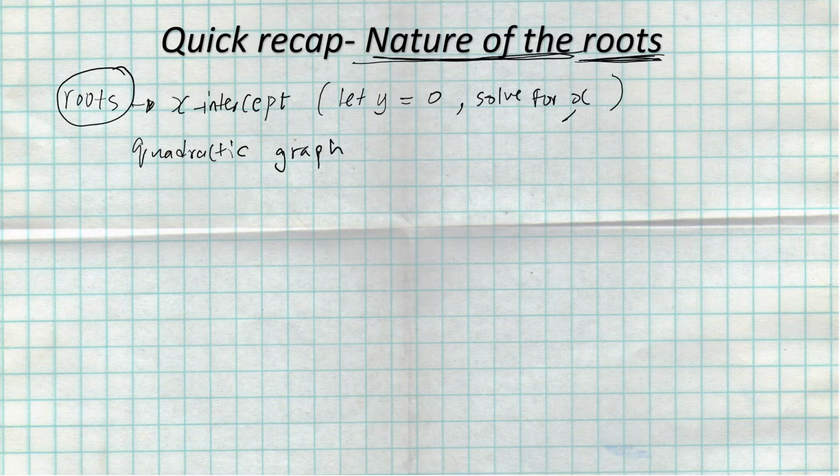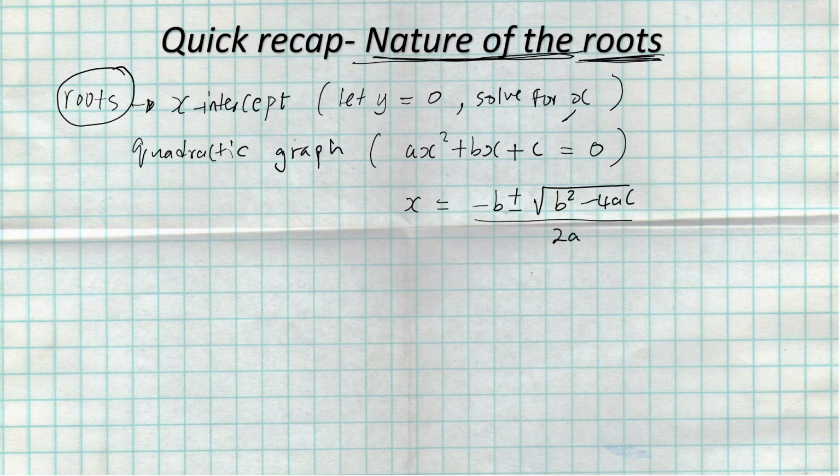A quadratic graph is denoted by the standard form ax squared plus bx plus c. To solve for the x-intercept, I let y be equal to 0. In other words, you let ax squared plus bx plus c be equal to 0 and solve for x. Someone can use the quadratic formula: x equals minus b plus or minus the root of b squared minus 4ac, divided by 2a.